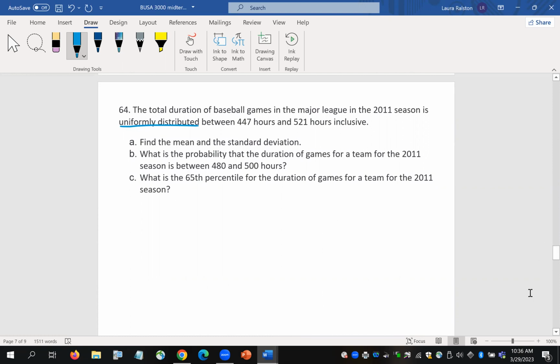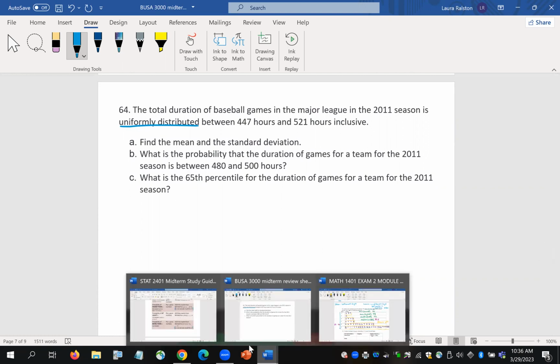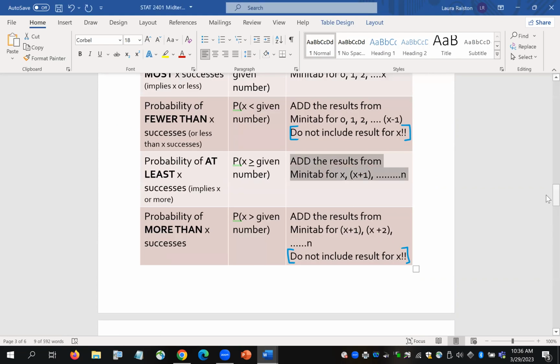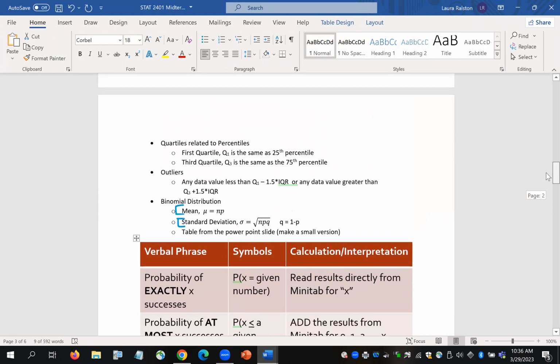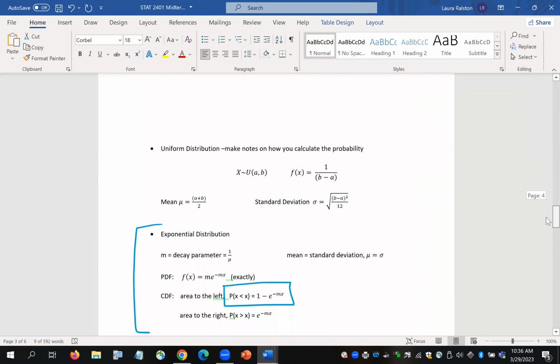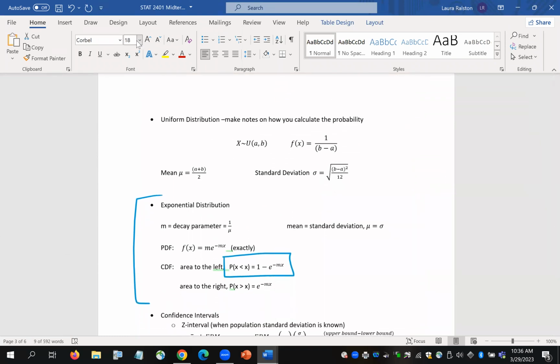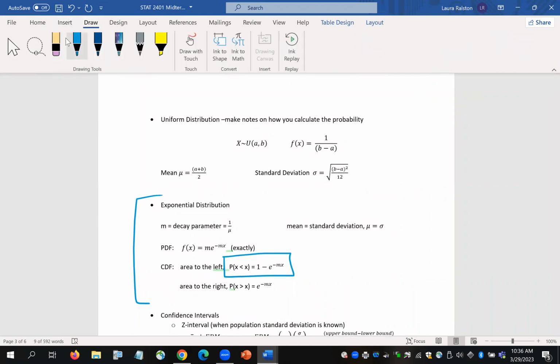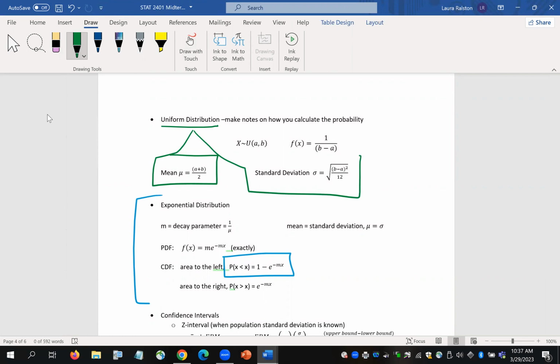Okay, so if we go back and look on our note sheet under uniform distribution, I have given you the formulas for the mean and for the standard deviation.